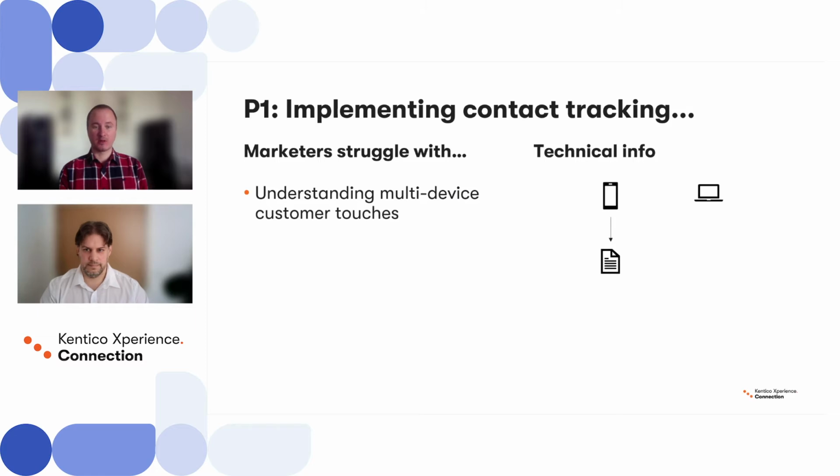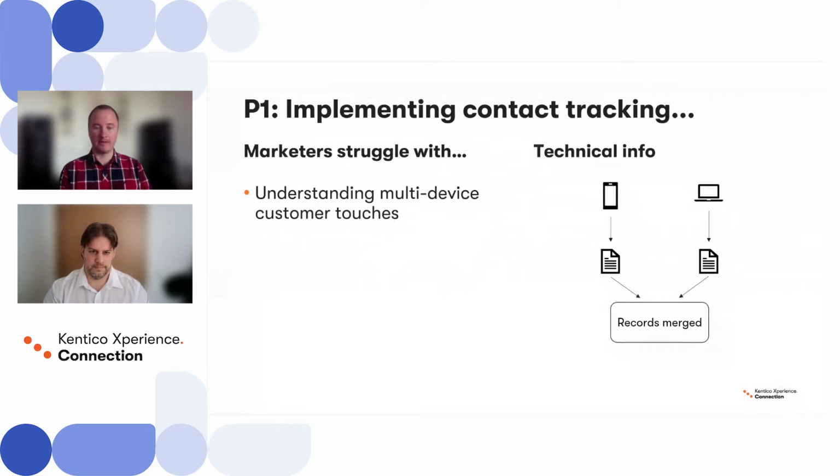Once the visitor identifies themselves by any means, by default the common identifier is email address, but it could be anything else, records of that identified visitor are matched together. So then you can see all the activities that were done on both devices: purchases, page visits, form submissions, anything like that.